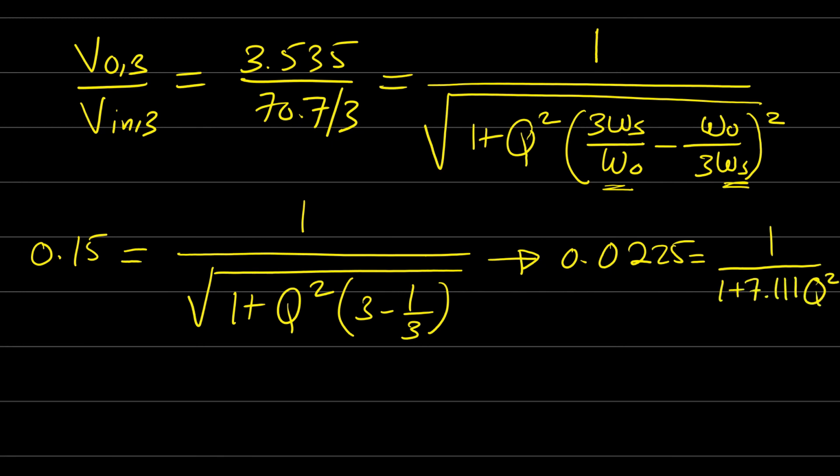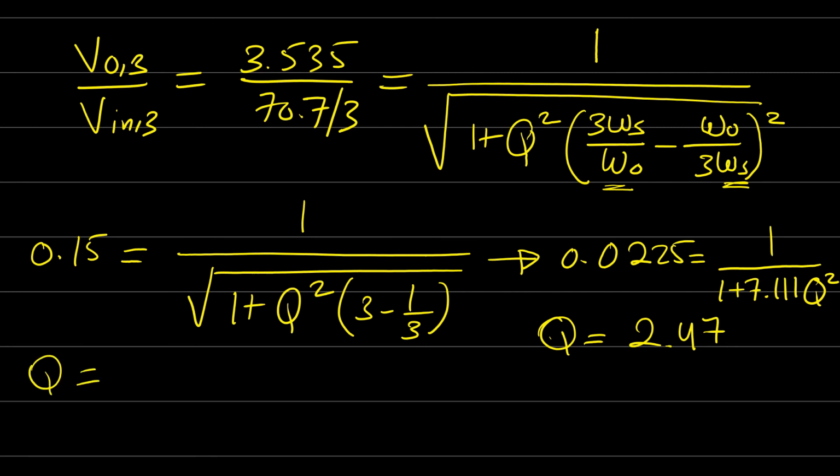From this we can find the quality factor for our converter, because the factor that determines the values of the capacitor and the inductor is the quality factor. So Q is equal to 2.47, and from the quality factor we can obtain the value of the inductor and the capacitor.